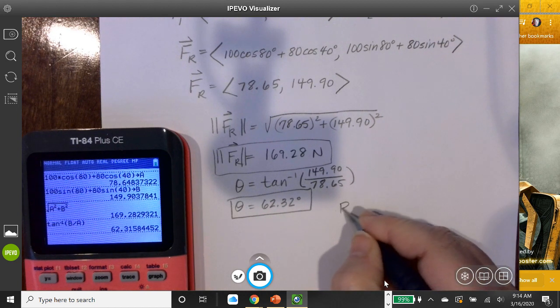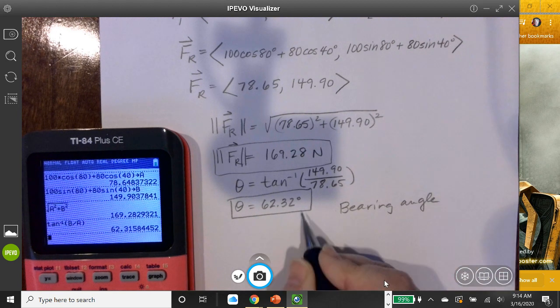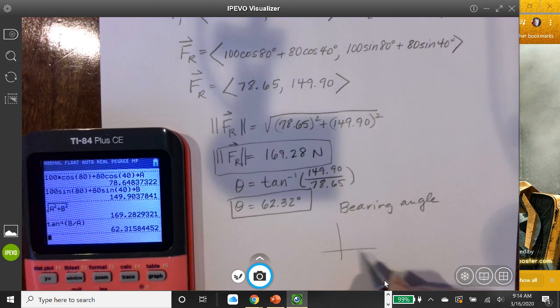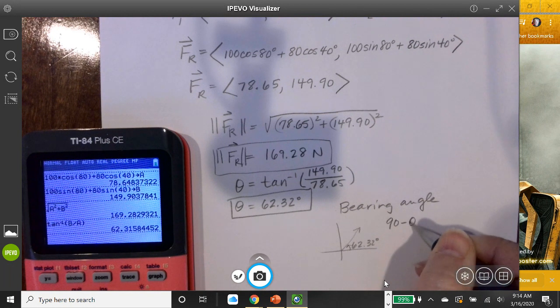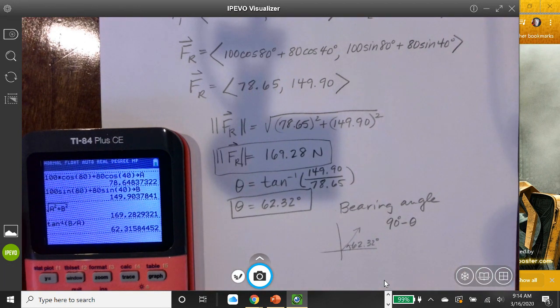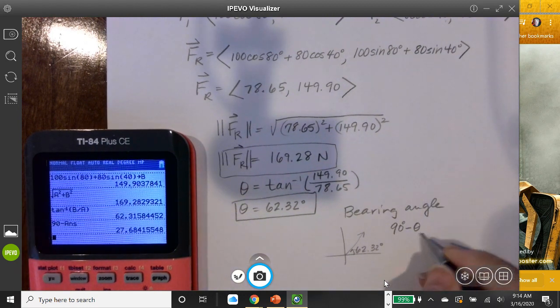And if I wanted a bearing angle, what would I do? Well, this angle right here is the 62.32, right? Because that's measured with the horizontal. The bearing angle is going to be 90 minus theta in this case. It's not always that, but it's going to be in this case. So 90 minus second answer, and this would be theta.